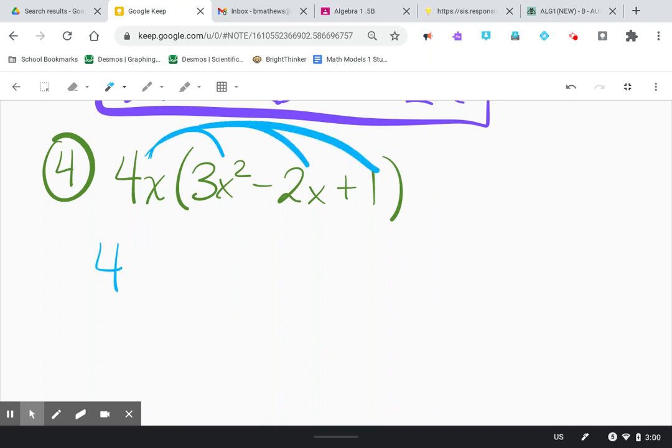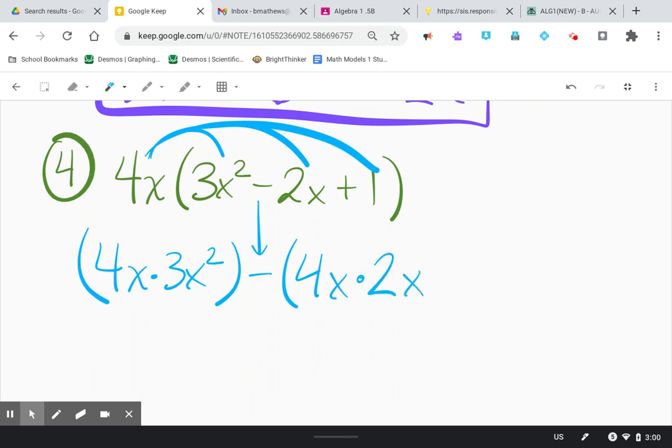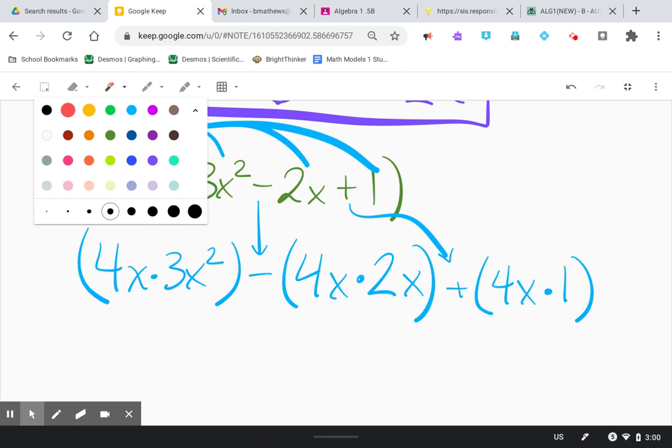So again, being very thorough, 4x times 3x squared, minus, it's coming from there, 4x times 2x, plus 4x times 1.